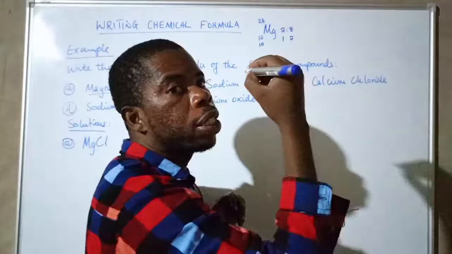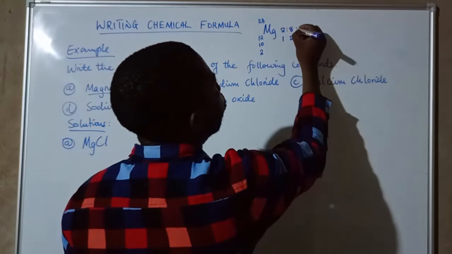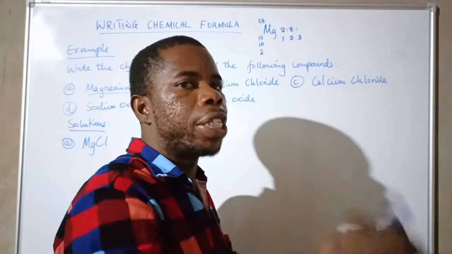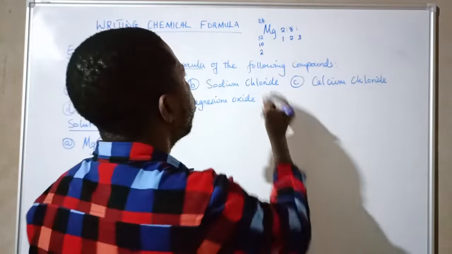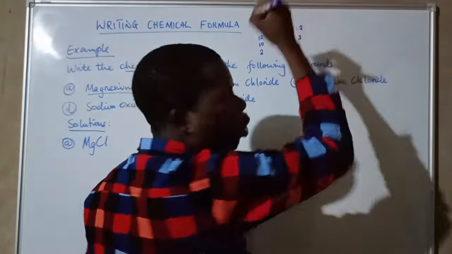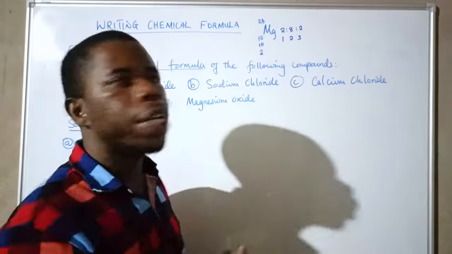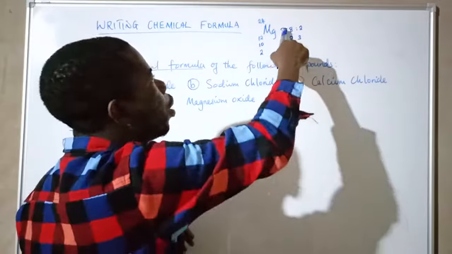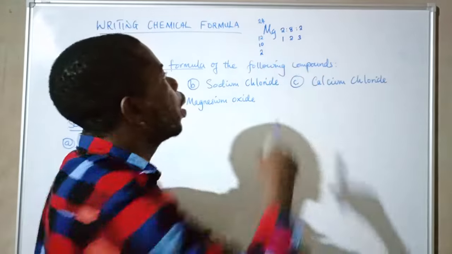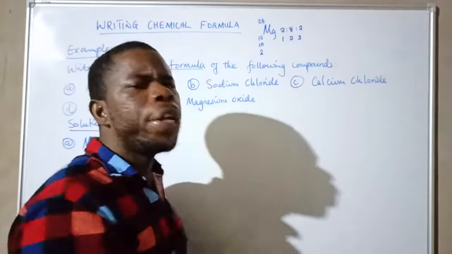You remain with the 2. Now, you go to shell number 3. Shell number 3 is supposed to have 8 or 18 for it to be stable. Since you have remained with only 2 electrons, you put 2 electrons in that. So meaning, these 12 electrons in magnesium sit in shell number 1 holding 2 electrons, shell number 2 holds 8 electrons, and shell number 3 holds only 2 electrons.